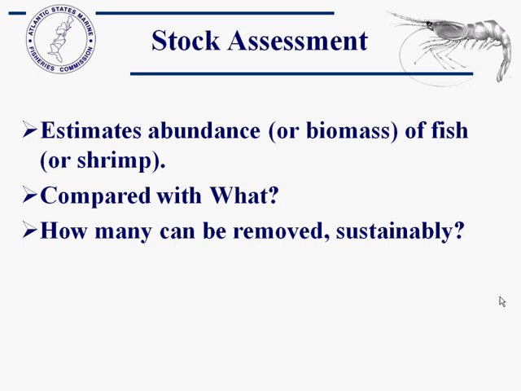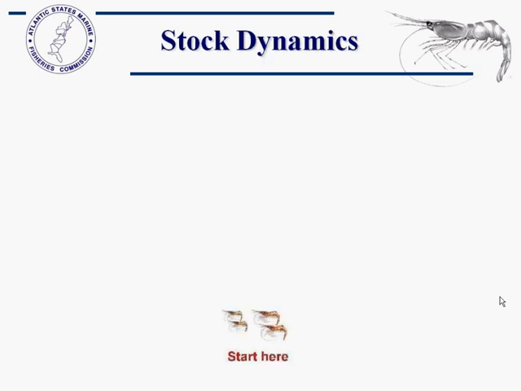The concept of sustainability is something I think everybody understands, but I have a little graphic to describe the way I picture it. If you start with a few shrimp at the beginning of a time period, say a year, there are a number of things that are going to happen to those shrimp in the coming year.